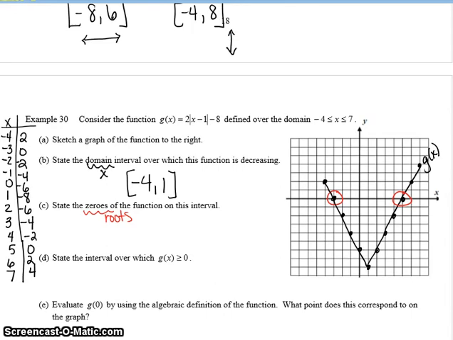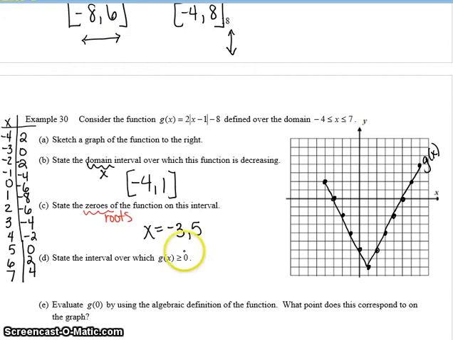Oh, here we go. Okay. So we have to name those roots right there, and those are in the red circles. So I just have to name those roots, and that's, remember, just the x value. So it's at x equals -3, and x equals +5. I didn't give those as coordinates. It just wanted the zeros, which are the x values.